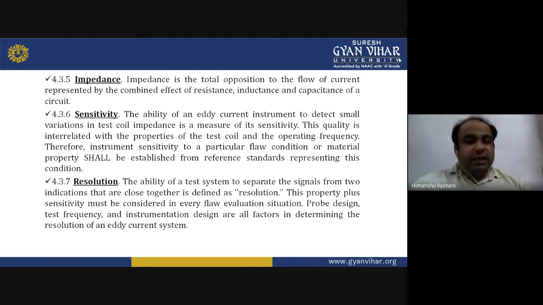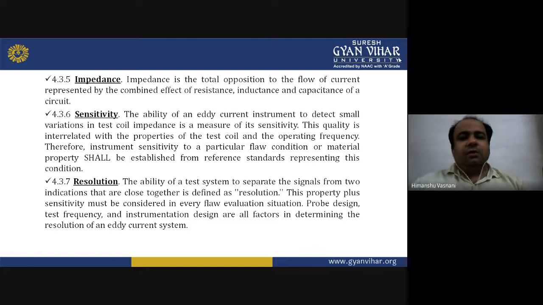Therefore, instrument sensitivity to a particular flaw condition or material property shall be established from reference standards for that condition. So just understand that sensitivity is the ability of an eddy current instrument to detect small variations in test coil impedance.